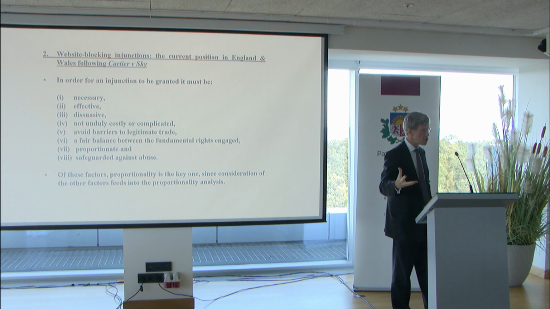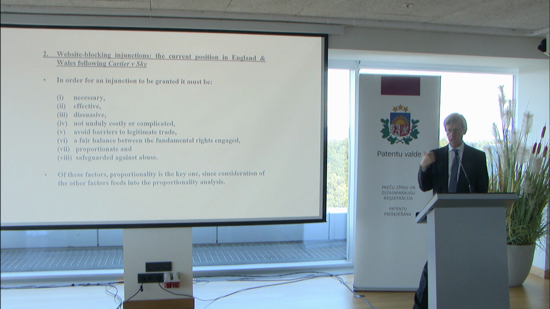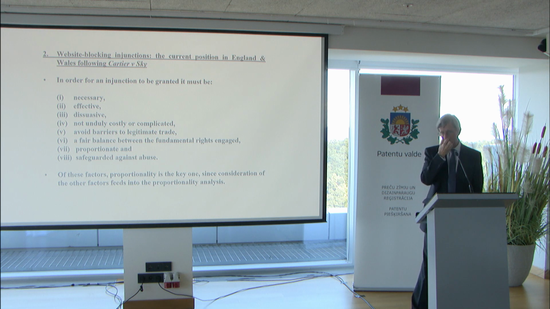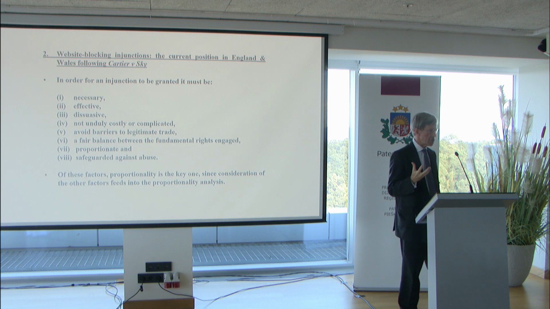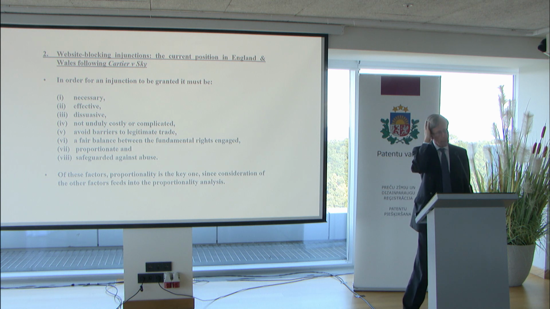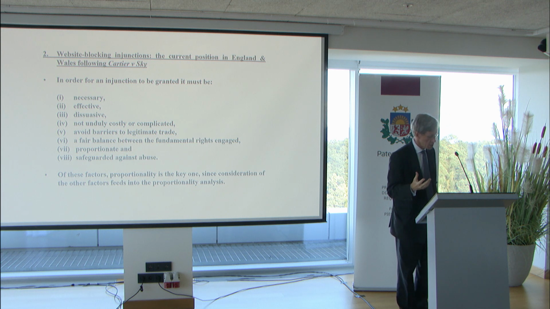Now, suppose the threshold conditions are satisfied, thus opening the jurisdictional gateway to the grant of an injunction against an intermediary. Then the court has to consider whether it's appropriate on the facts of the individual case to grant an injunction or whether not to grant an injunction.